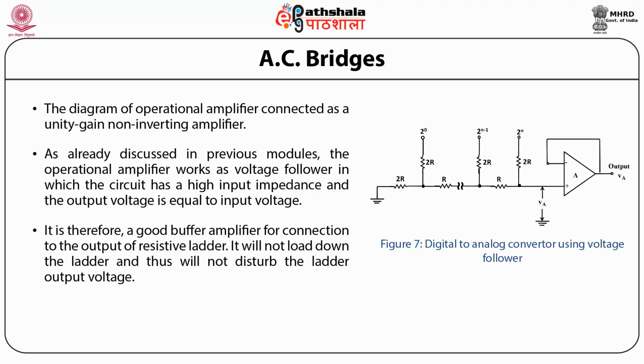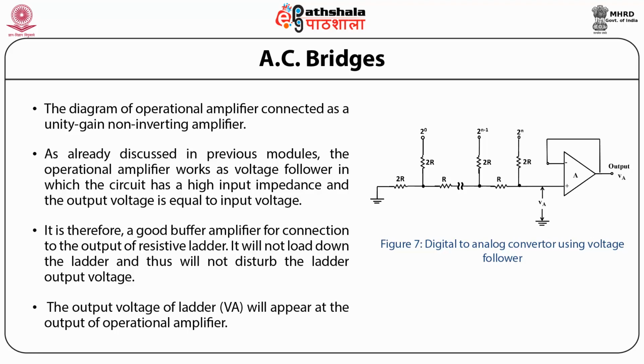It is therefore a preferred amplifier for connection to the output of a resistive ladder. It will not load down the ladder and thus will not disturb the ladder output voltage. The output voltage of the ladder VA will appear at the output of the operational amplifier.